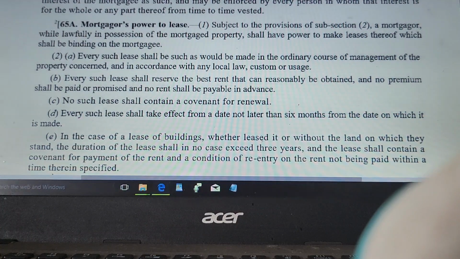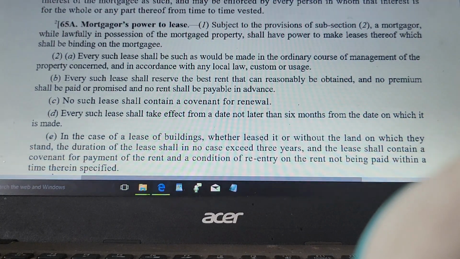65A. Mortgagor's power to lease. 1. Subject to the provisions of subsection 2, the mortgagor, while lawfully in possession of the mortgage property, shall have power to make leases thereof which shall be binding on the mortgagee. 2A. Every such lease shall be such as would be made in the ordinary course of management of the property concerned, and in accordance with any local law, custom, or usage.